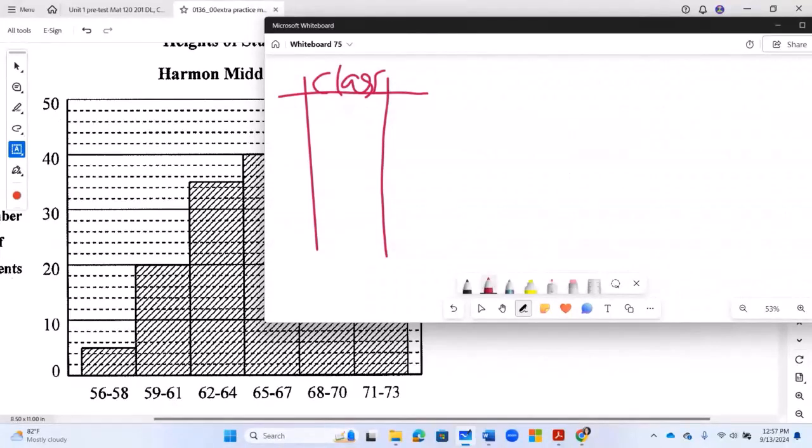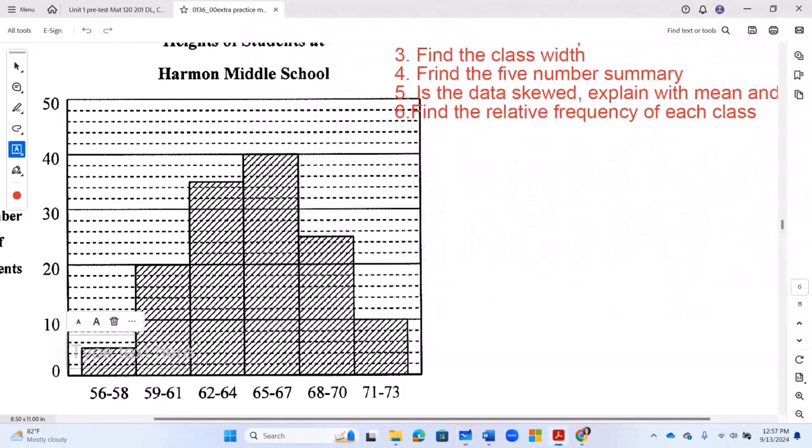Debbie just chatted and said 56 to 58. Very good. And estimate the frequency. What is the estimated frequency? Look at the left-hand side.